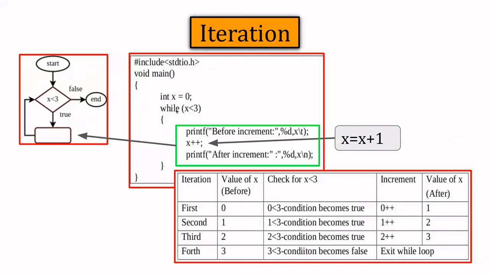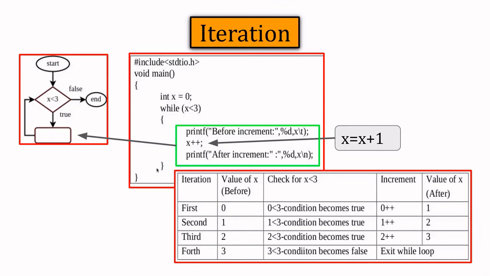Then go back to the while condition. After 2 it becomes 3, and then x becomes 3. x value 3 is not less than 3, so this condition is false. Therefore it will end the loop.